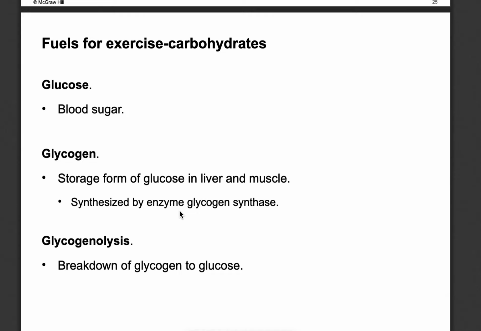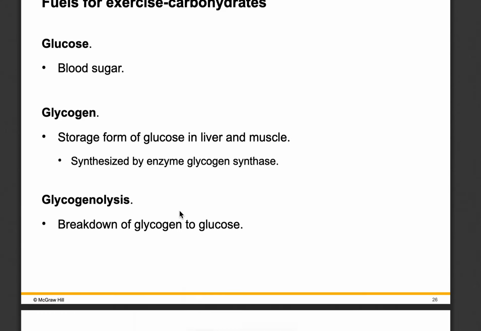And so we're going to talk about the use of things like glucose, which is blood sugar or sugar in the blood, glycogen, which is a storage form of glucose in the liver and muscles, and the fact that we have something called glycogenolysis, which is where we can take and break down glycogen into glucose to utilize it. And so we'll look at some of those. So we're talking about these different fuels and how they're going to be utilized and what those processes look like, because each process has its advantages and its disadvantages.